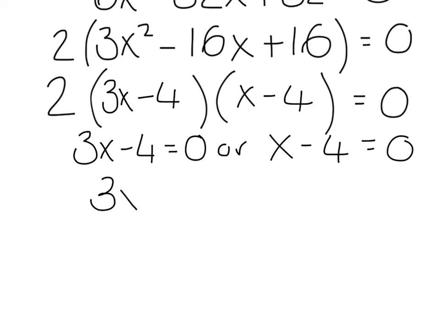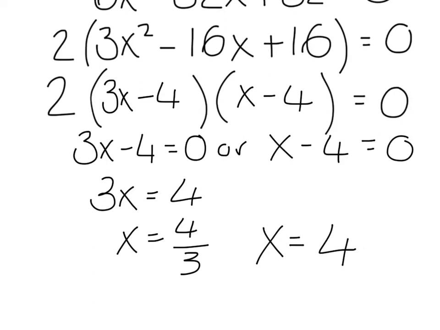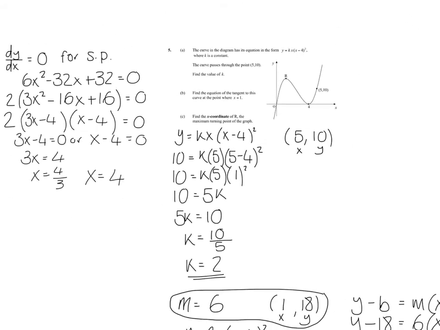So that would be 3x equals 4, which then means x equals 4 thirds, or x equals 4. Now, if we look back at the graph, we already knew that one of the stationary points was at x equals 4.